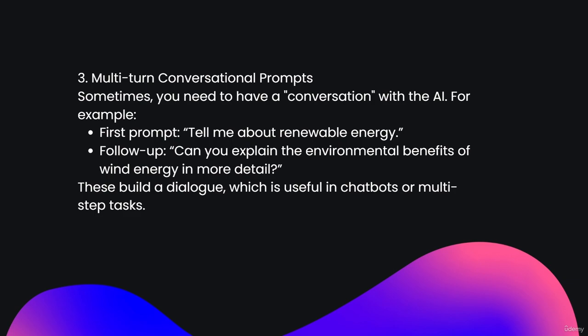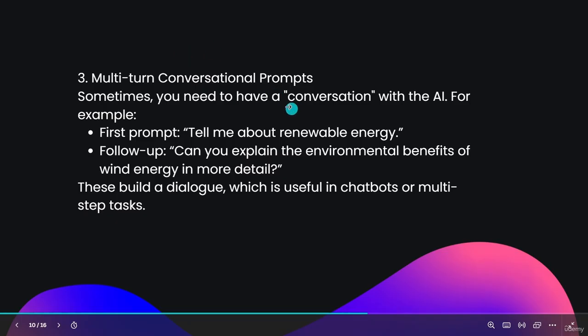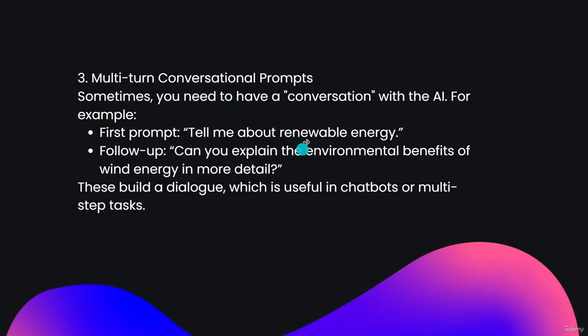This builds a dialogue which is useful in chatbots or multi-step tasks. Chatbots like ChatGPT and other AI language models use these multi-turn conversational prompts. We will explore more in upcoming classes.